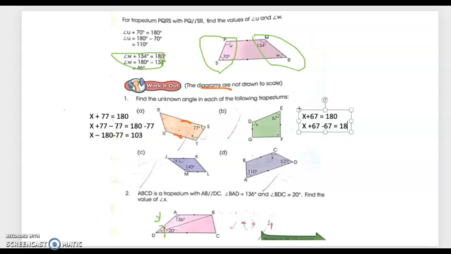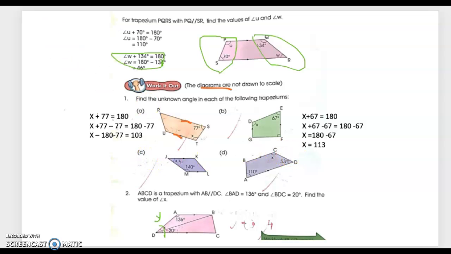This is how we subtract normally, but the other things we do after this will be a shortcut, because you will learn the shortcut. This is actually what is happening. So x is equal to 180 minus 67, so x will be equal to how much? 113, right? Now likewise you can do C and D.